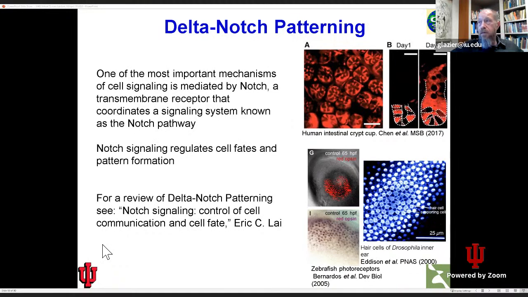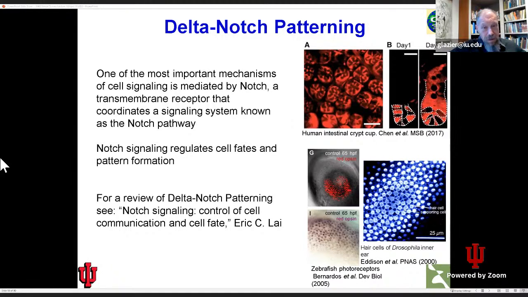But one of the key ways that cells signal is through a mechanism called delta and notch. Delta and notch are a pair of transmembrane proteins that have a rather specific pattern of interactions. In particular, delta likes to be next to notch, and notch likes to be next to delta.